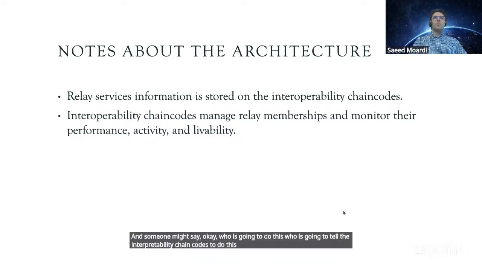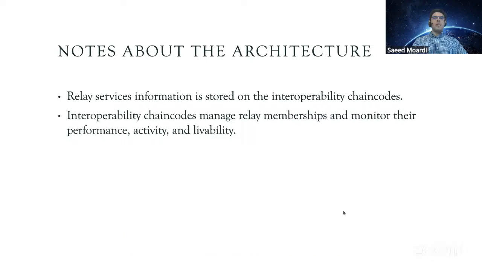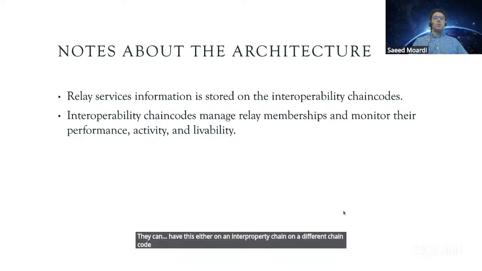Well, we have some users in Hyperledger Fabric, because Hyperledger Fabric is a permissioned blockchain. They can have this either on an interoperability chain code, or on a different chain code that is going to manage the membership, the performance, or the activities of the relay services.